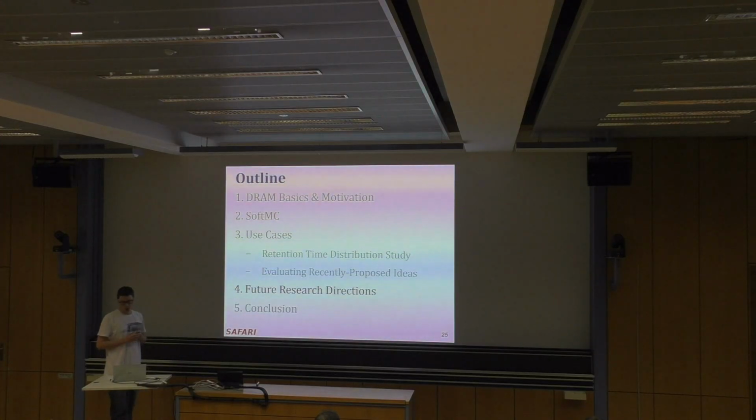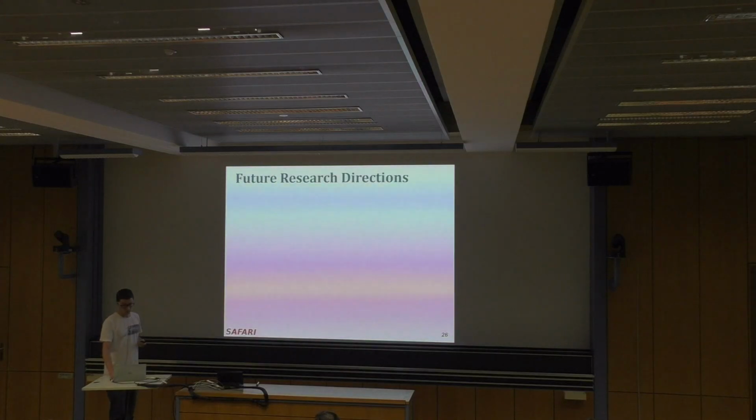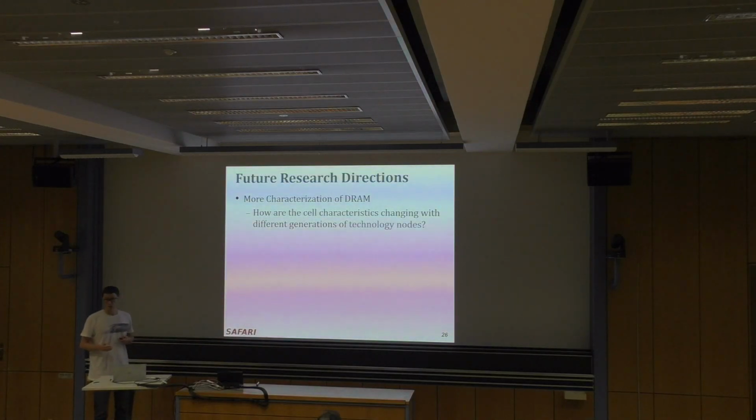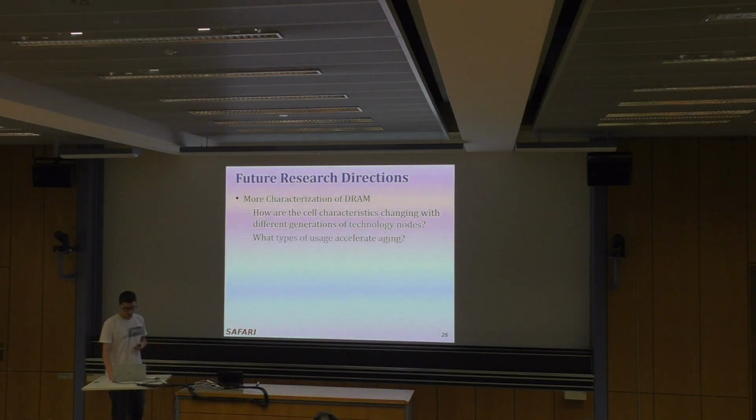I presented two ideas that SoftMC enables, and now I'll tell you about some future directions that SoftMC can enable. First, it can enable more characterization of DRAM, specifically how cell characteristics change with different generations of technology nodes. Manufacturers are always trying to reduce their transistor and capacitor size so they can fit more data and make their devices denser, giving higher capacity memories.